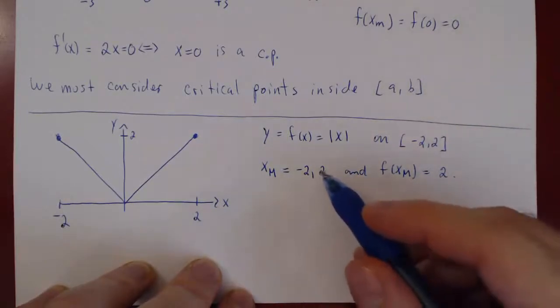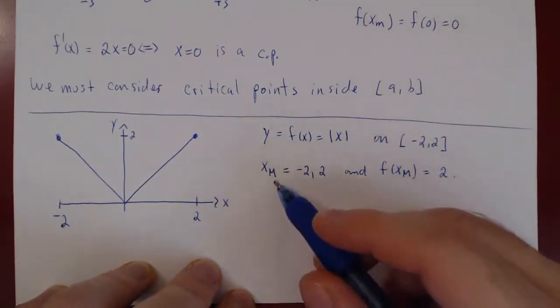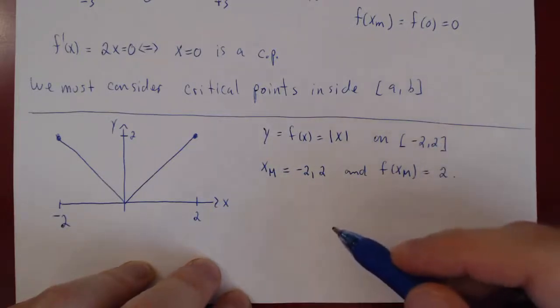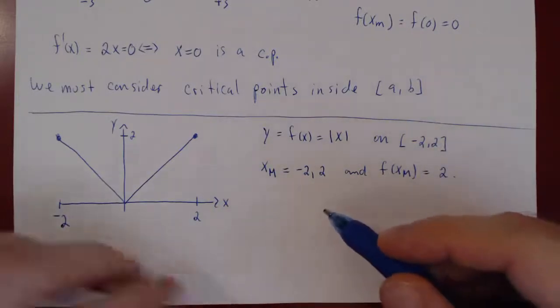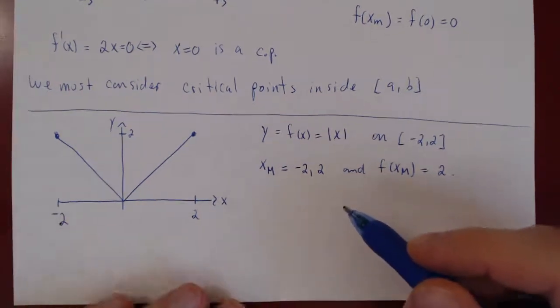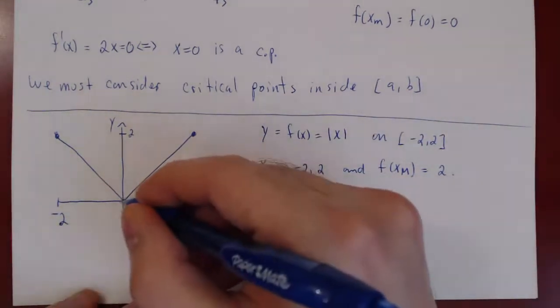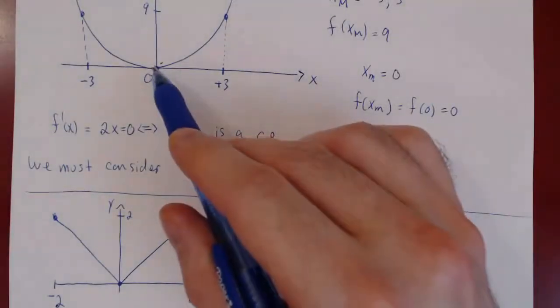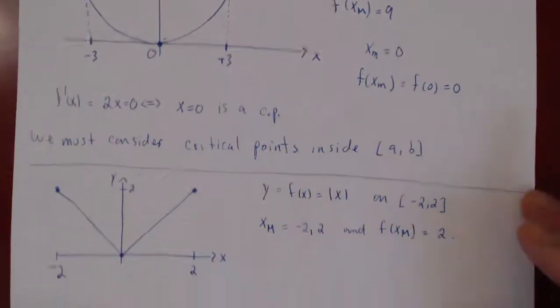There is nothing new here because the absolute maximum occurred at both endpoints, and we already knew that we had to consider the endpoints. What about our absolute minimum? Once again, as in the case of x squared, our absolute minimum occurs at x equals 0.